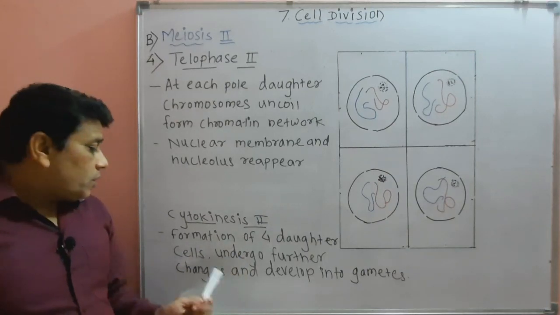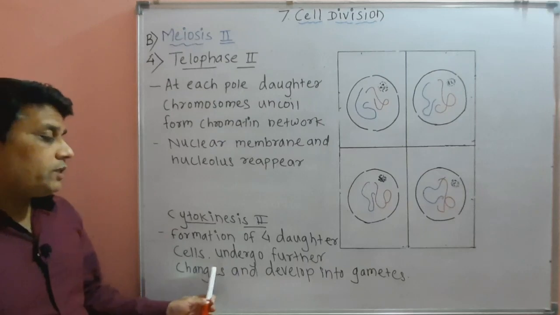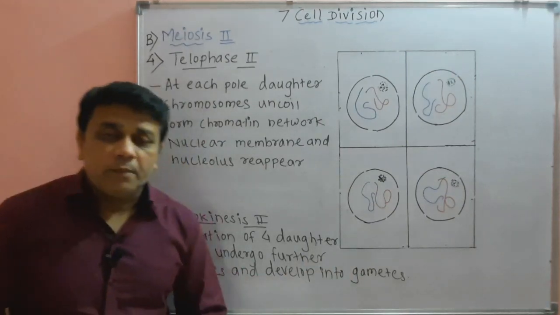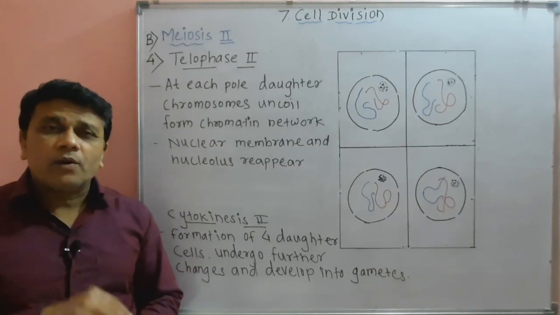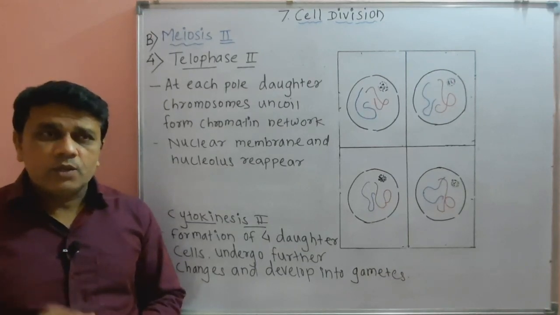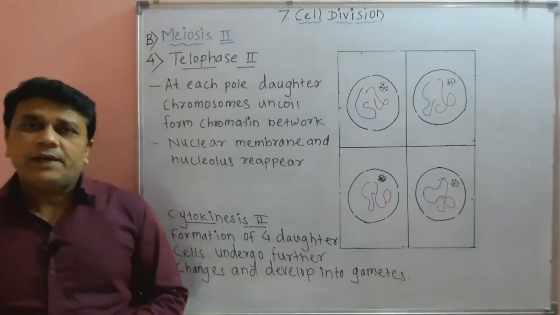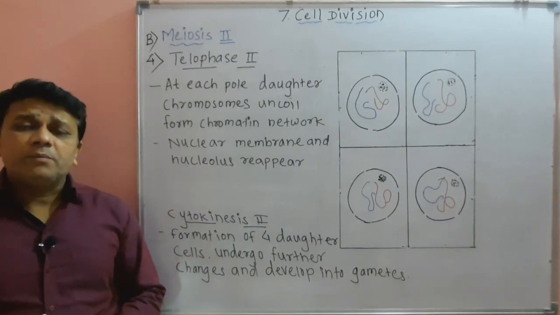After the formation of these 4 daughter cells, they will undergo further changes and development, and they will develop into gametes. So meiosis occurs in reproductive cells during the formation of gametes. Here we have seen the process, that is meiosis in animals.